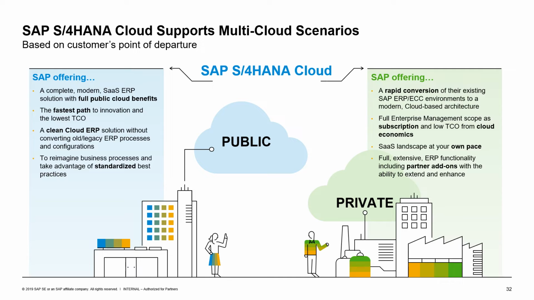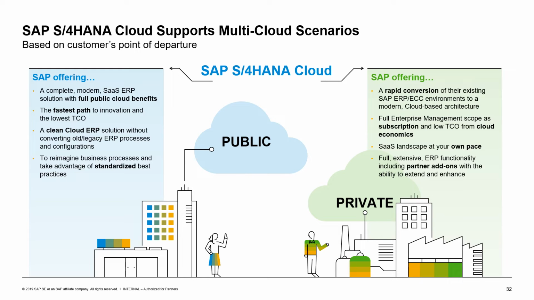here is the way. For those complex customers that have and want to migrate, SAP's offering provides for a solution where we see rapid conversion of their existing SAP ERP or ECC environments to a modern cloud-based architecture. They have full enterprise management scope as a subscription and low total cost of ownership from cloud economics.